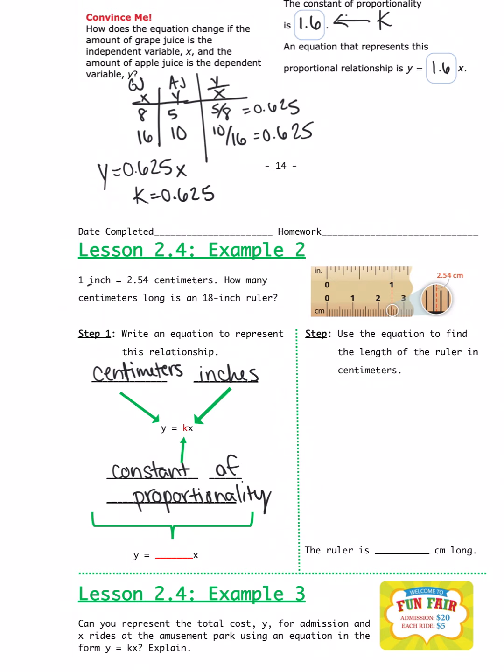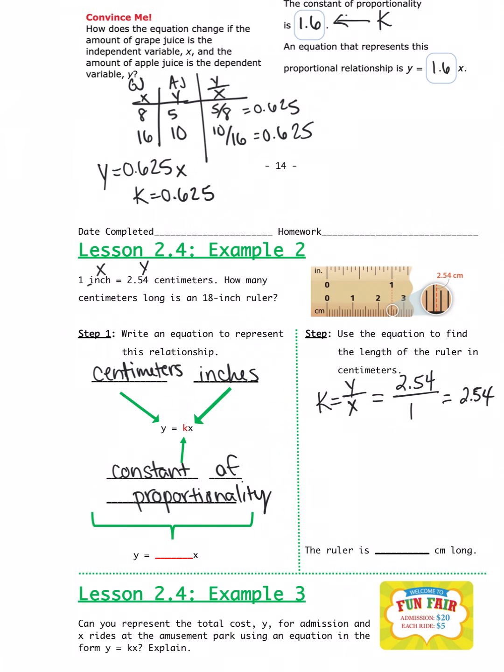So now we need to figure out what that k is. If this is our x and this is our y, and we know that k equals y over x, then our k is going to equal 2.54 over 1. So our k is going to be 2.54.